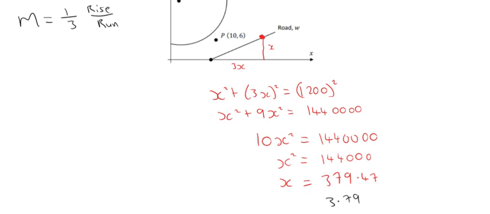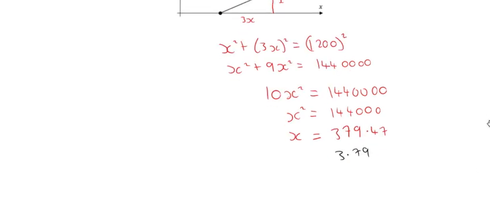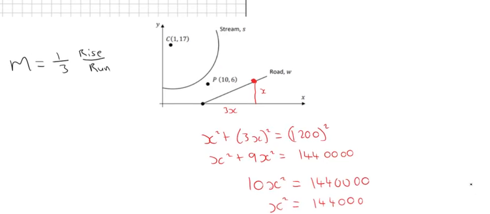So I know what x is, I need to figure out what 3x is as well. So I'm just going to do 3.79 multiplied by 3. So we get 11.37. Now I know that the point up there was 9, 0 from before.